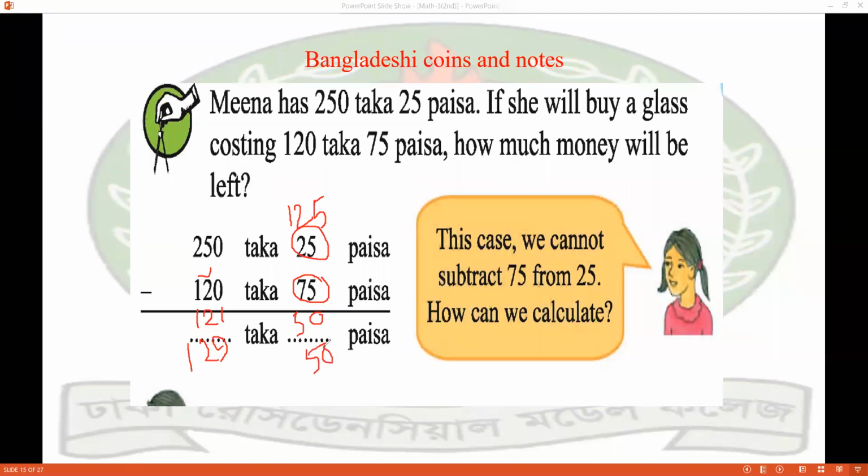This type of math you have to solve when the paisa amount being subtracted is more. So you have to take 100 paisa from the left and then subtract, then you have to add 100 paisa, that means 1 taka, with the taka, then subtract it. In this way we can calculate these types of math.